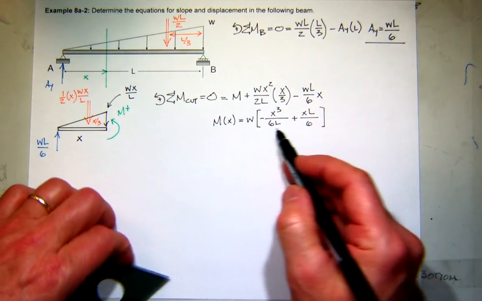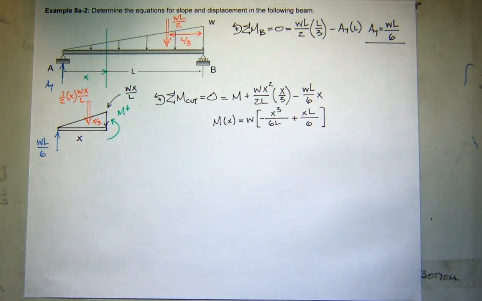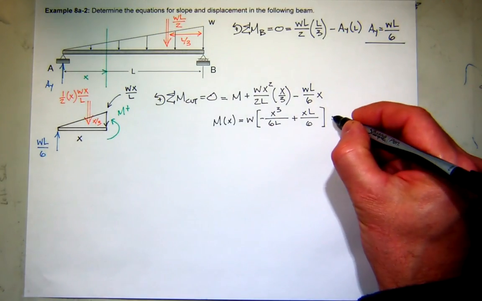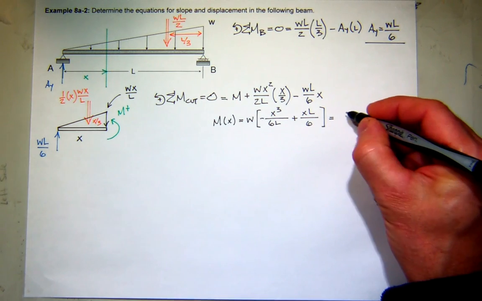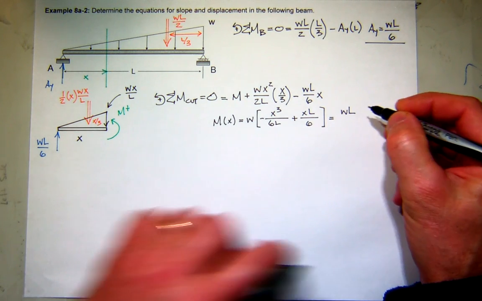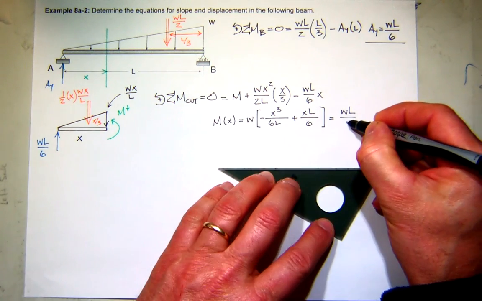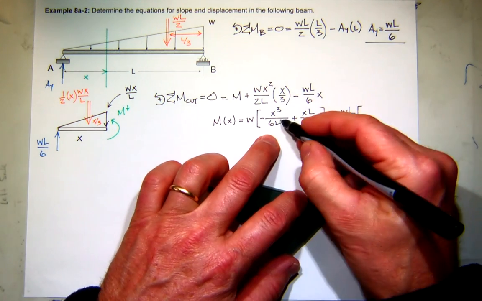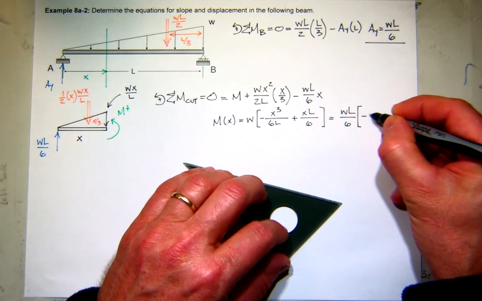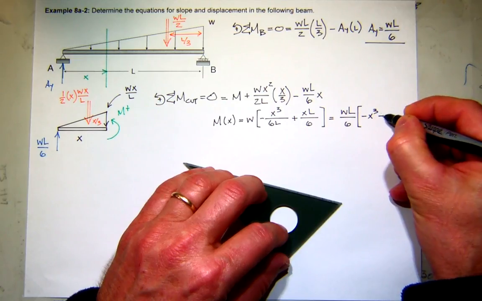So I could pull that 6 out. I could do something with these L's to tidy that up a little bit if I wanted to. In fact, I think I will. Might make it a little easier later on. So I'm going to pull this L out here, and that's 6. So I'm going to end up with WL over 6 as my constant. In the first one, that L cancels, so I just get minus x cubed.